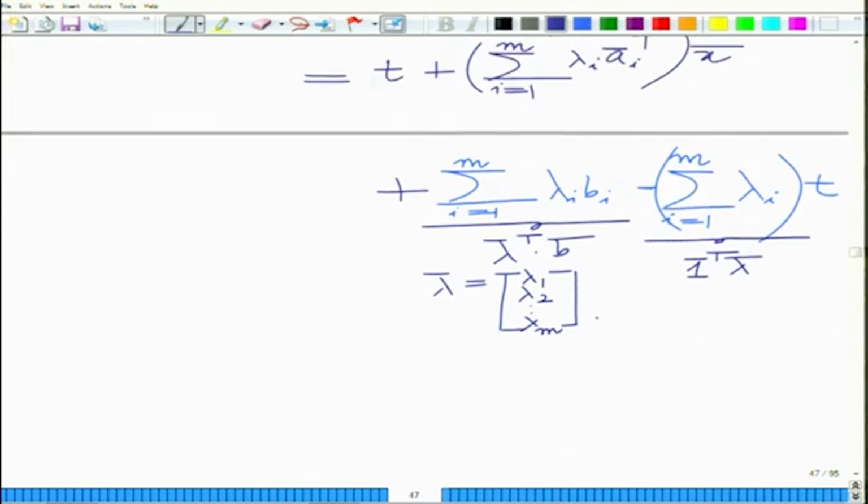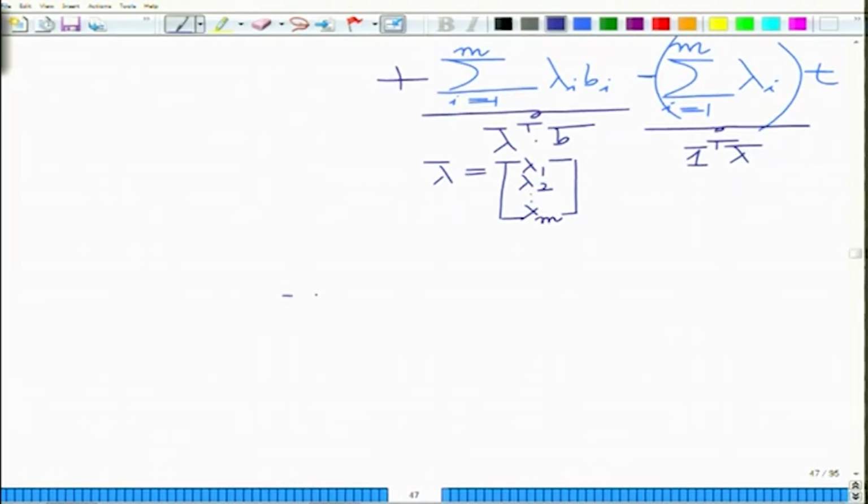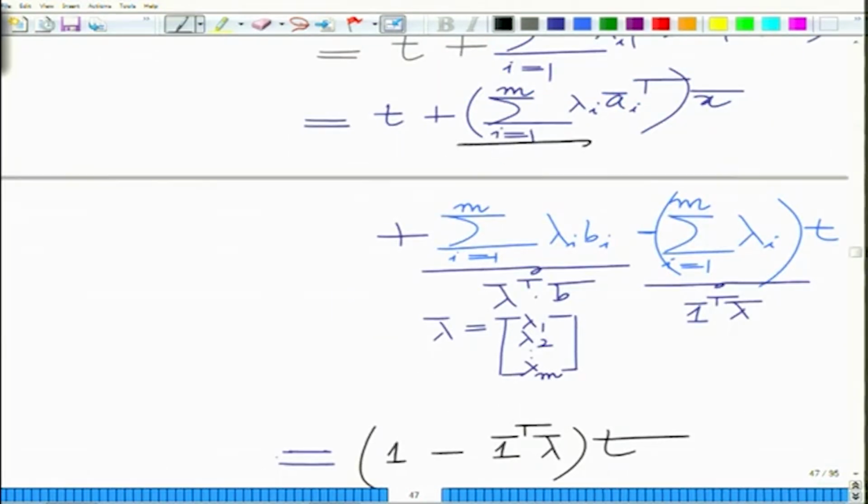And therefore, if you simplify this, I can write it in compact form as (1 minus 1 bar transpose lambda bar) into t, where 1 bar transpose lambda bar is nothing but the summation of all lambda i, plus, taking the transpose, x bar transpose summation i equal to 1 to m, ai bar into lambda i.